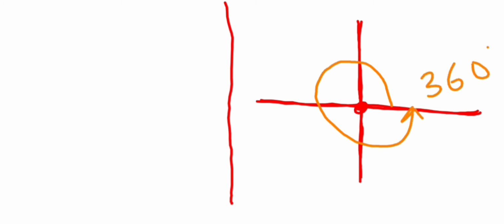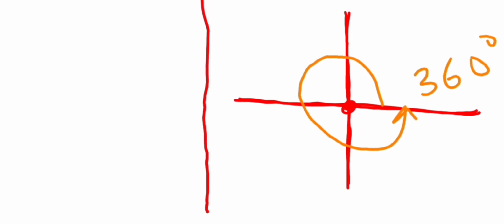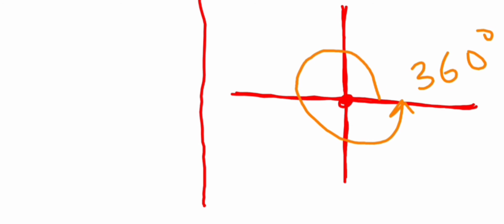So here the total round of the angle is 360 degree. The starting point is here and the finishing point is here. So here the angle is 0 degree at the start, going from 0 degree to 360 degree.